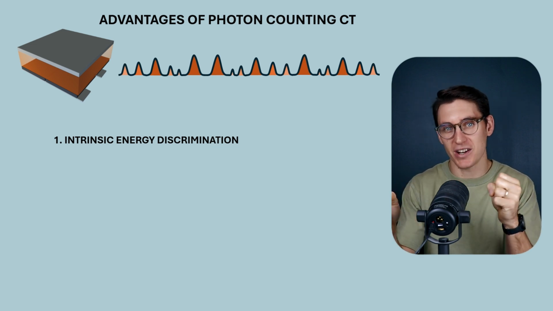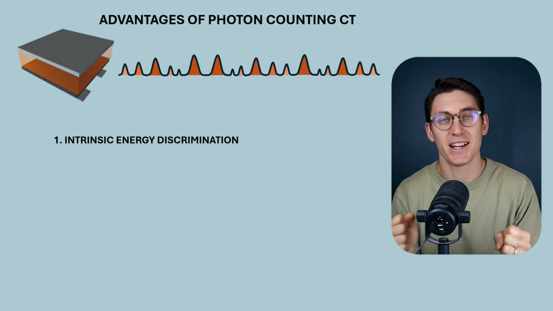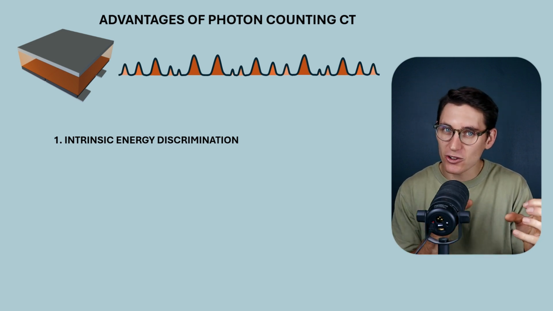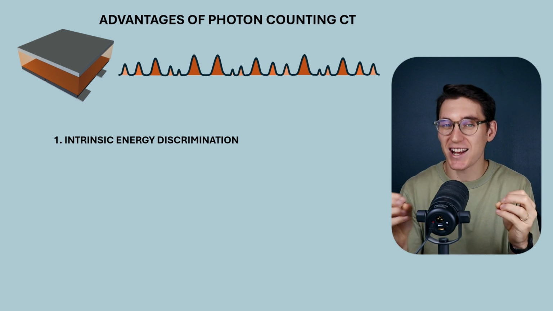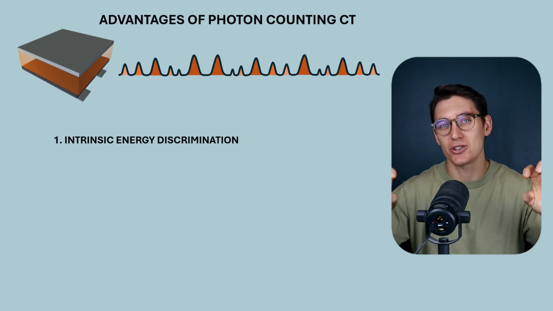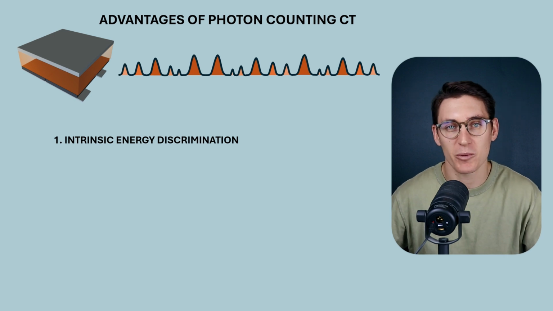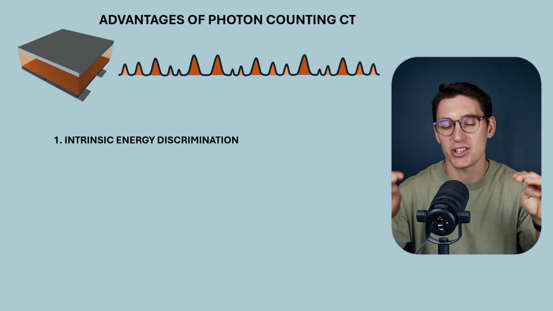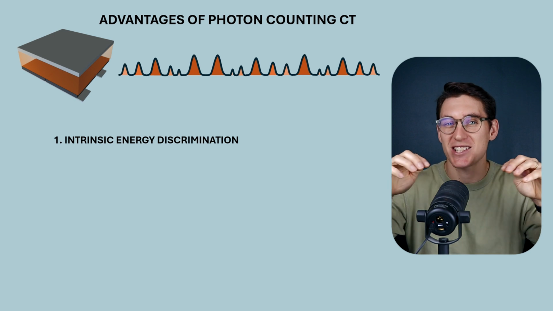Bone is going to respond very differently to a change in X-ray energy, say, to liver. And based on those changes in response or changes in Hounsfield units to different X-ray energies, we could separate out those tissues in post-processing.